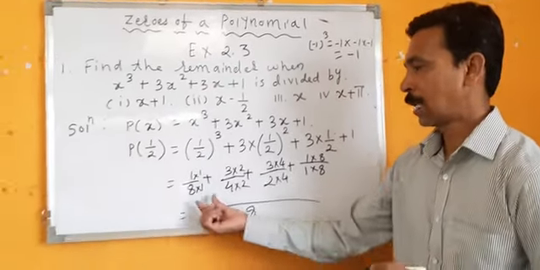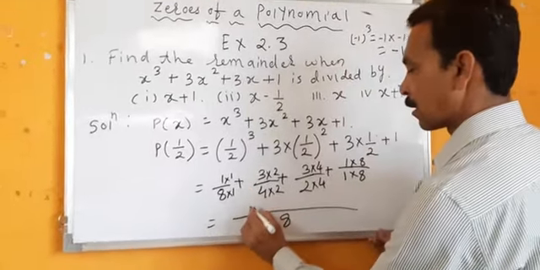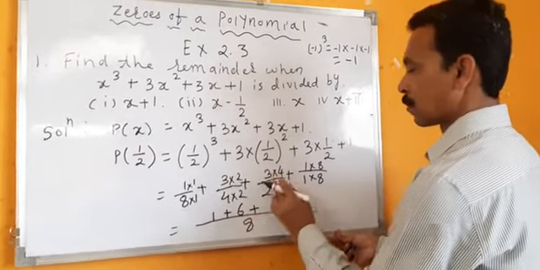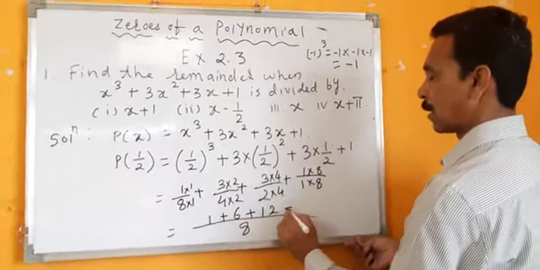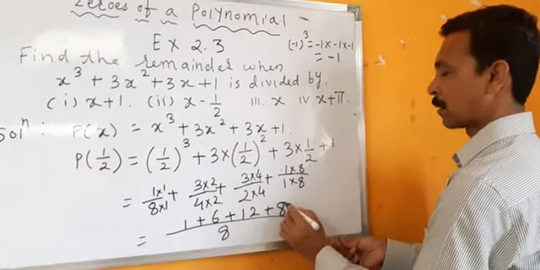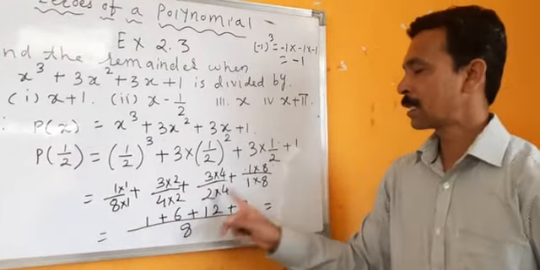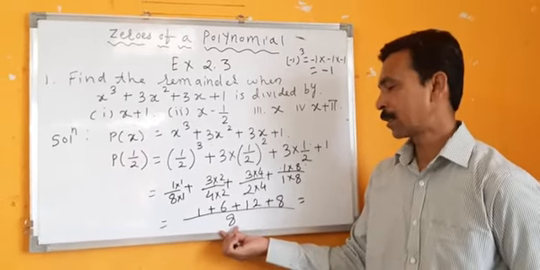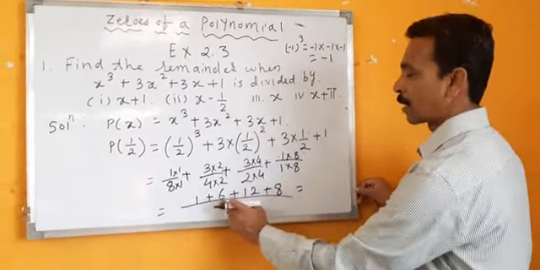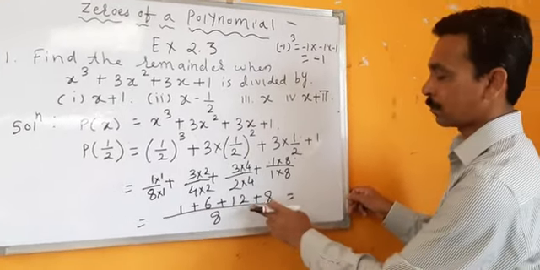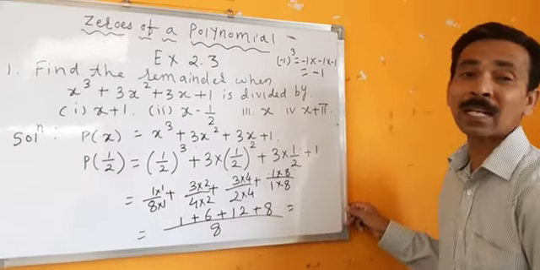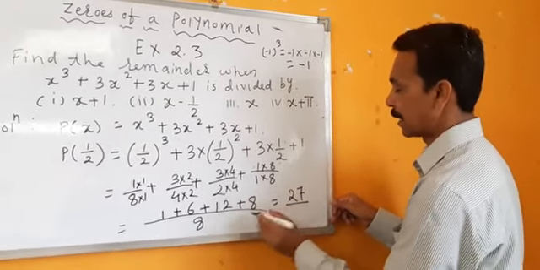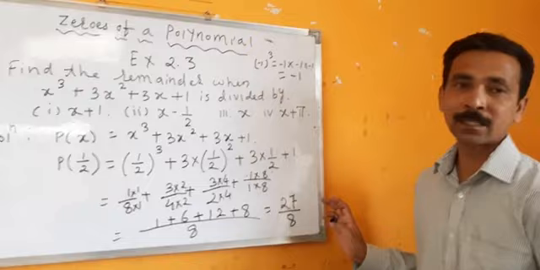Understood? Now 1 ones are 1, plus 3 twos are 6, plus 3 fours are 12, plus 1 eights are 8. The denominator is now the same, so the LCM will be the same. That is why I have written 8 here. 1 plus 6 is 7, 7 plus 12 is 19, 19 plus 8 is 27. So 27 upon 8.